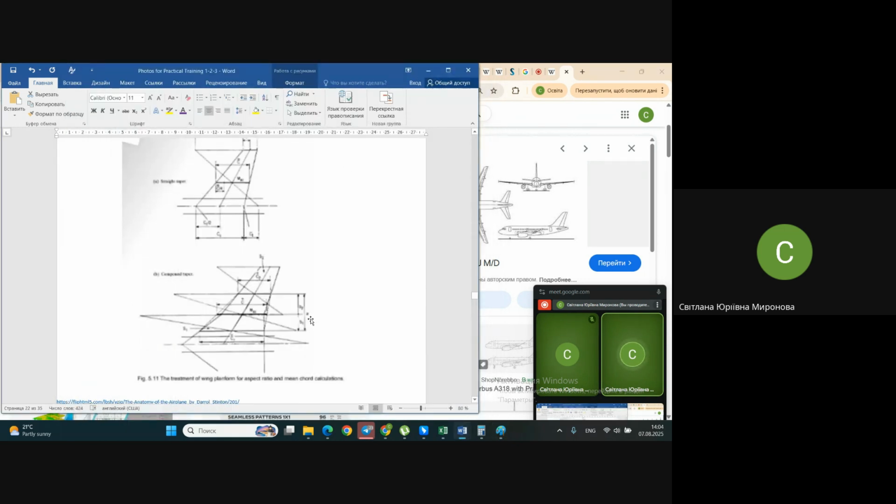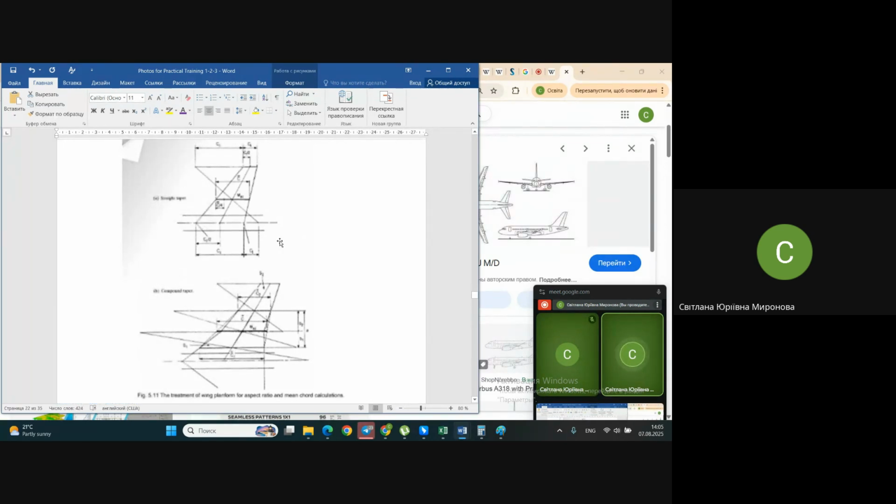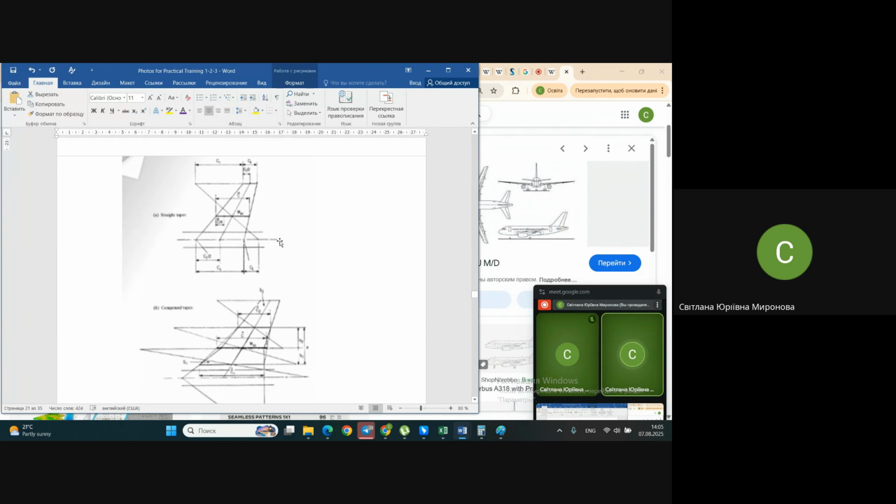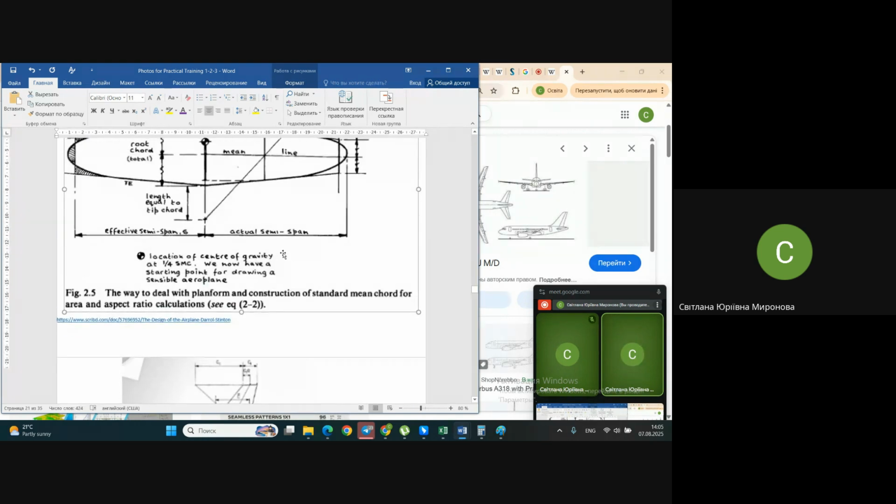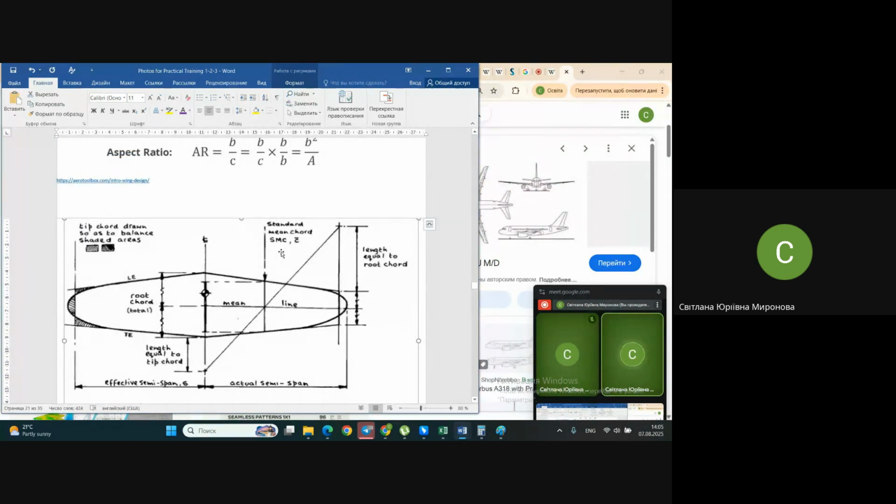And once again, let's come back here. What do we see? What is explained in this photo and in the book that you may open and read attentively. If you do, you will see the same explanation of how to find geometrically the value of the mean chord.